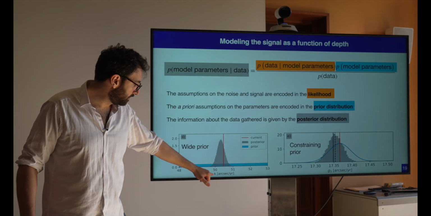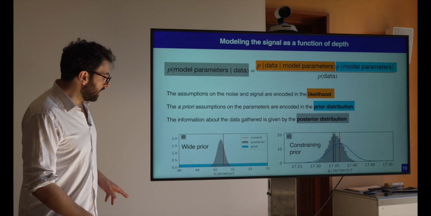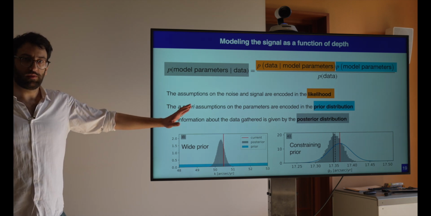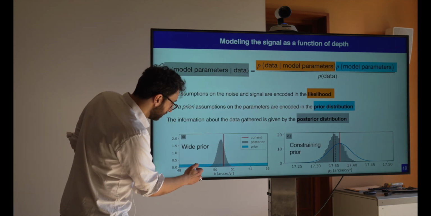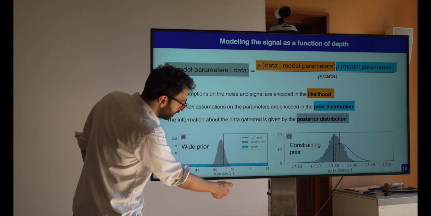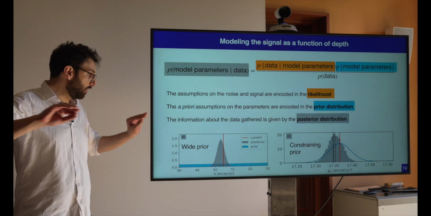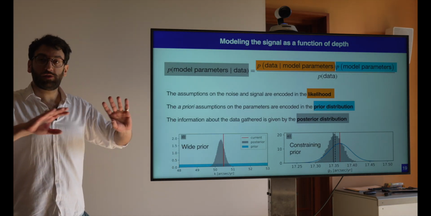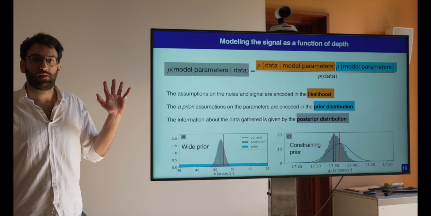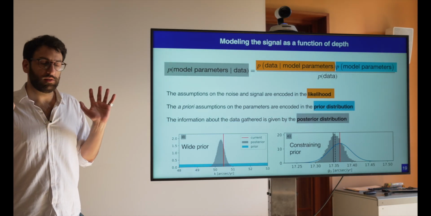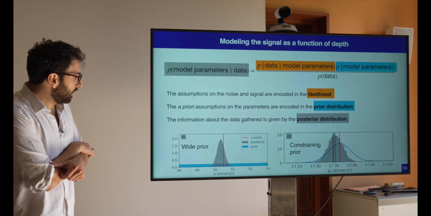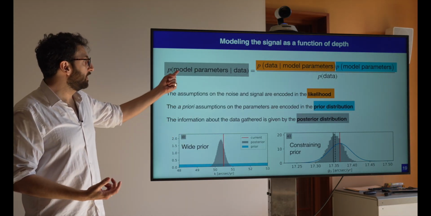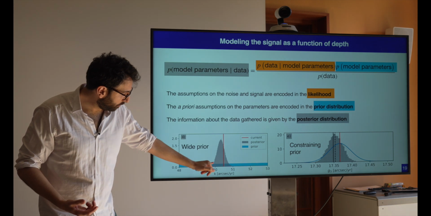For instance, this is the precession frequency. In blue, you have the prior, and in that case you're very agnostic to what the precession frequency is. It means that 49 is just as likely as 51, as 53, and 48, in arc seconds per year. Prior to seeing the data, you put very little information in what the precession frequency is. After seeing the data, you get a probability distribution in the model parameters which is much more constrained.